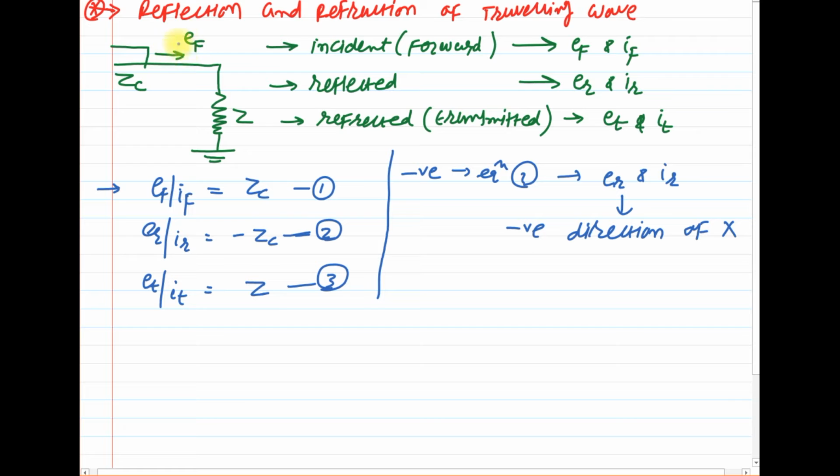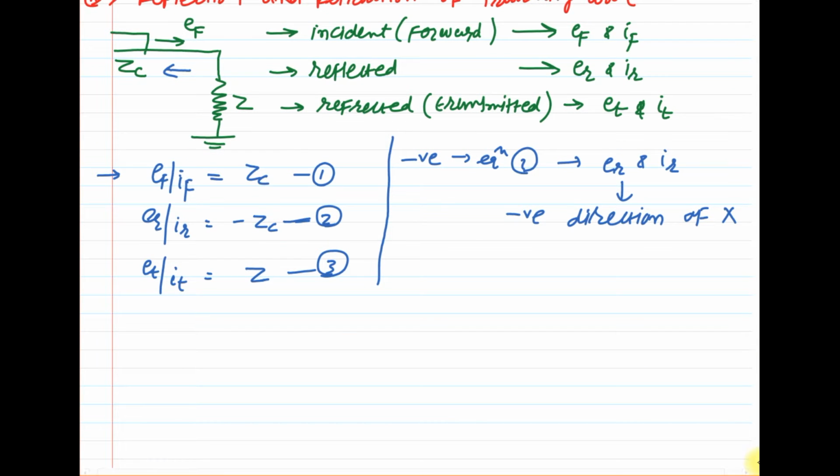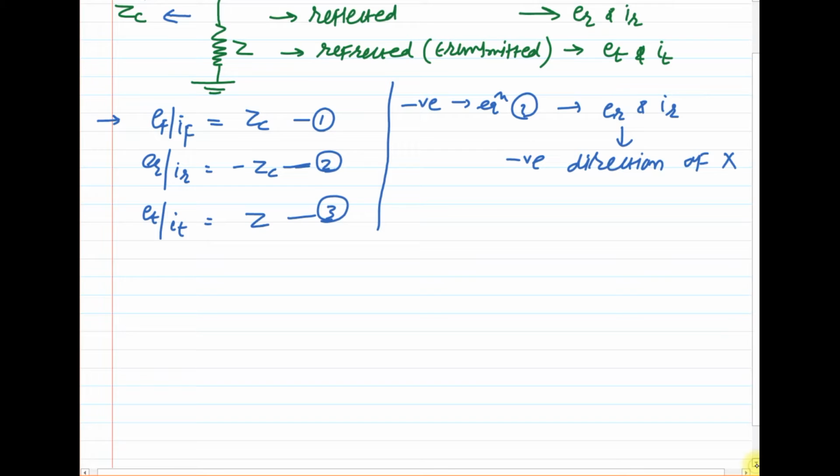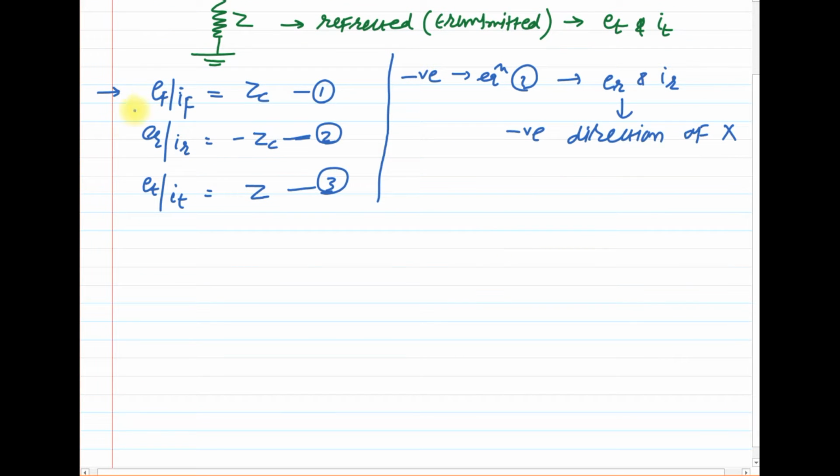So if the EF is traveling on the right hand side, then the reflected voltage or current wave is traveling in the opposite direction. That's why here we have considered the negative sign for the reflected wave of voltage. Clear? So next, at a junction, let me use a different color.